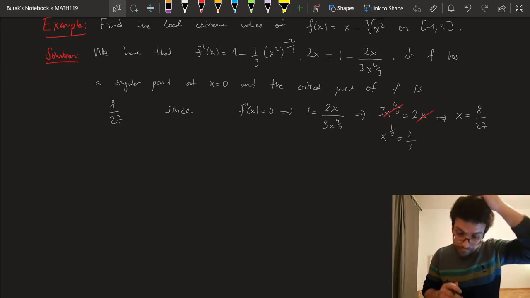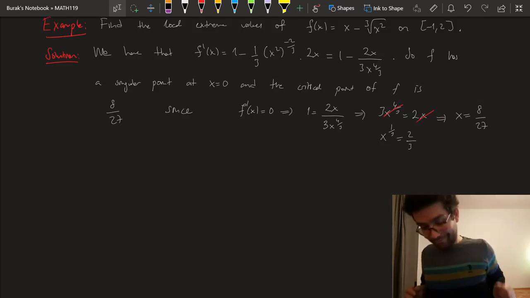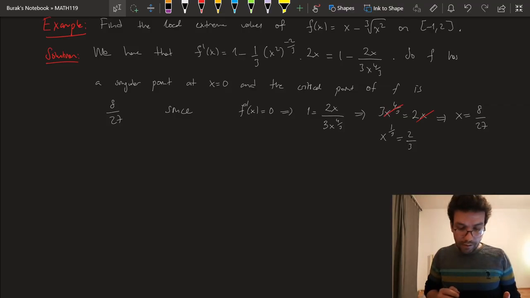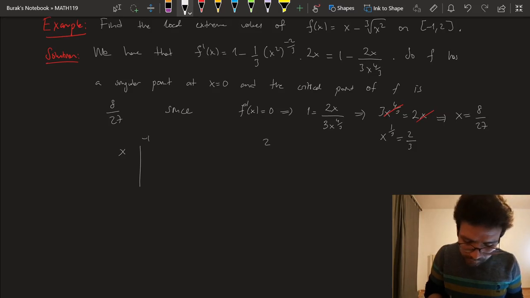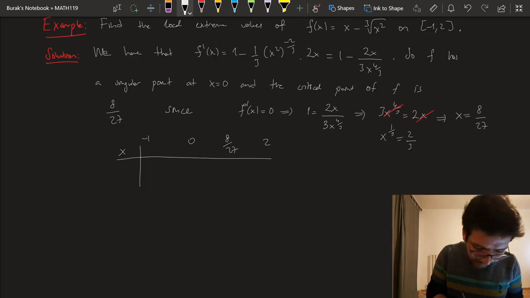Now, we want to figure out local extreme values. And the first derivative test is a useful tool. So let's try that. Now my interval is -1, 2, and I have one singular point here, 0, and I have one critical point, 8/27.